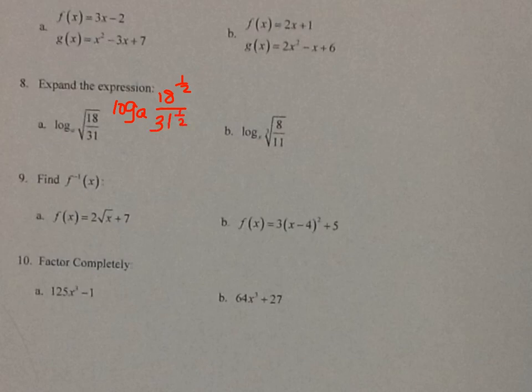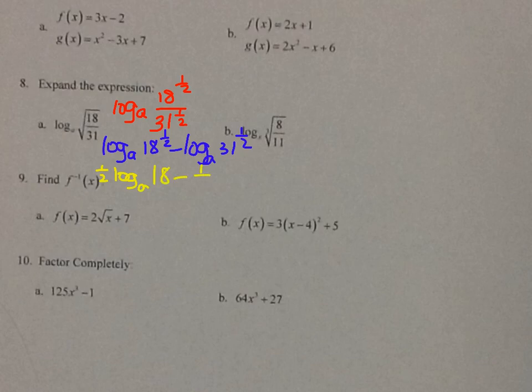Now remember, we have division, so division means to subtract. Each one gets a log, so it's log base A of 18 to the 1/2 power minus log base A of 31 to the 1/2 power. And then remember, exponents go in front. So it's 1/2 log A of 18 minus 1/2 log A of 31.